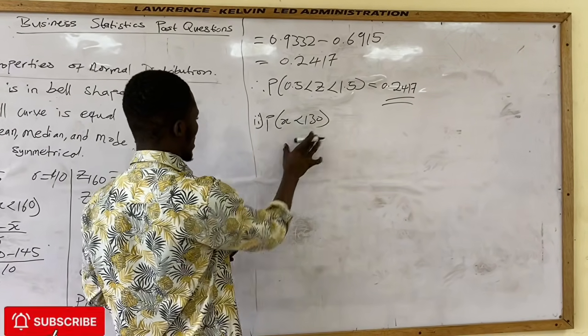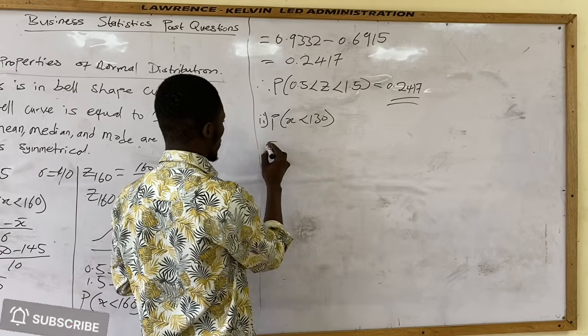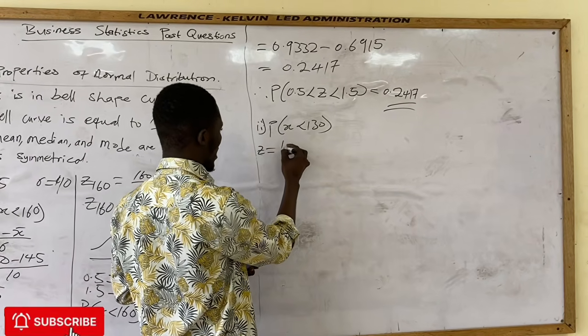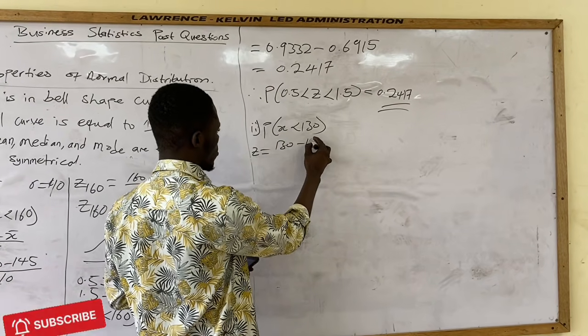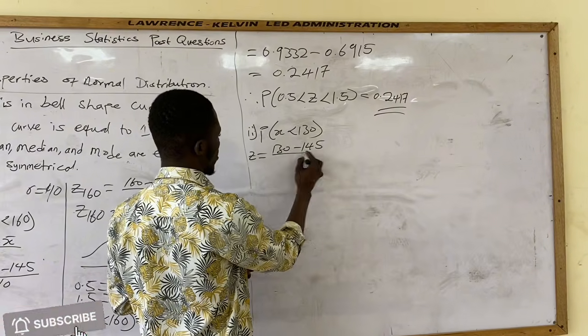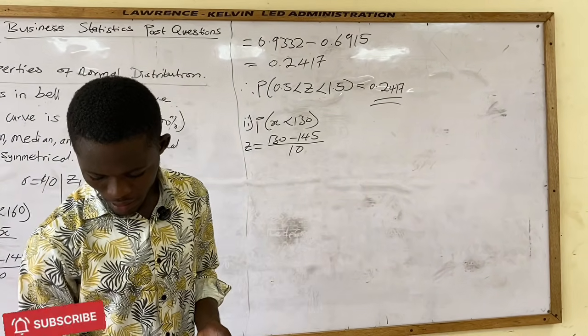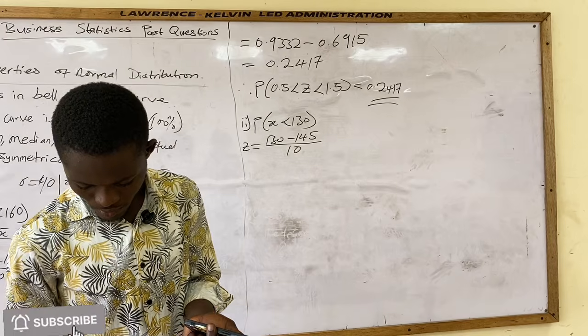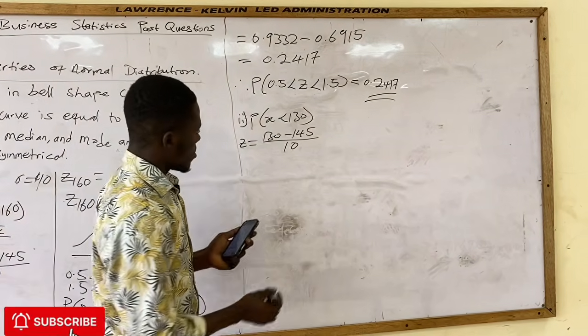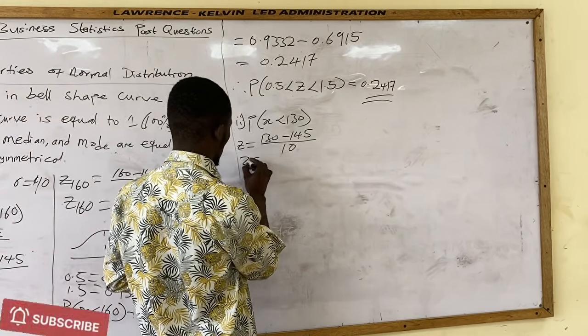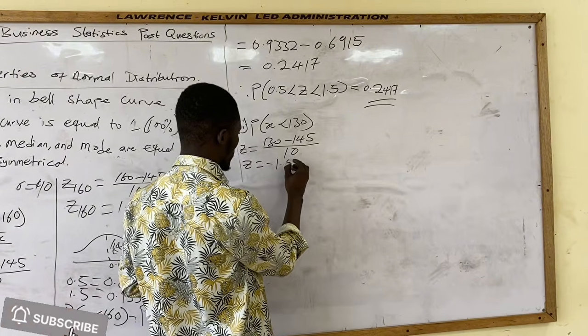Okay, so z equals 130 minus 145, all divided by 10. Okay, if you punch it on the calculator, you get z to be minus 1.5.